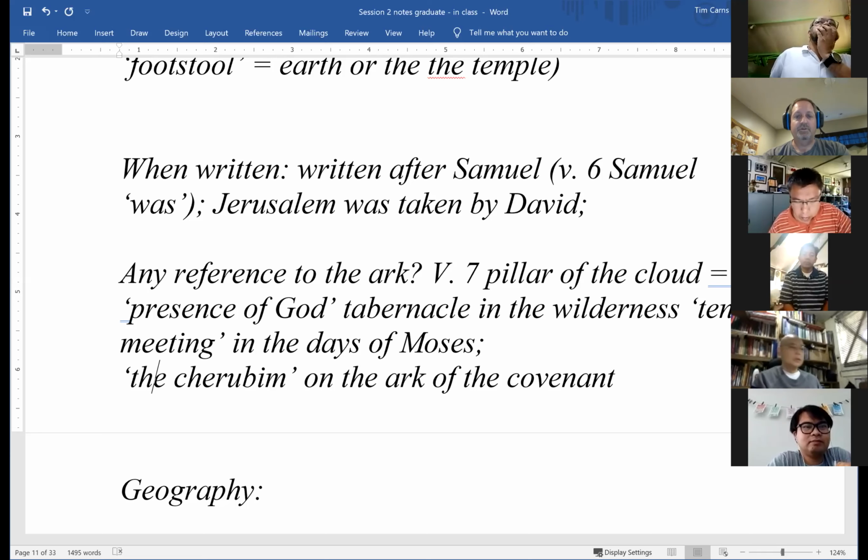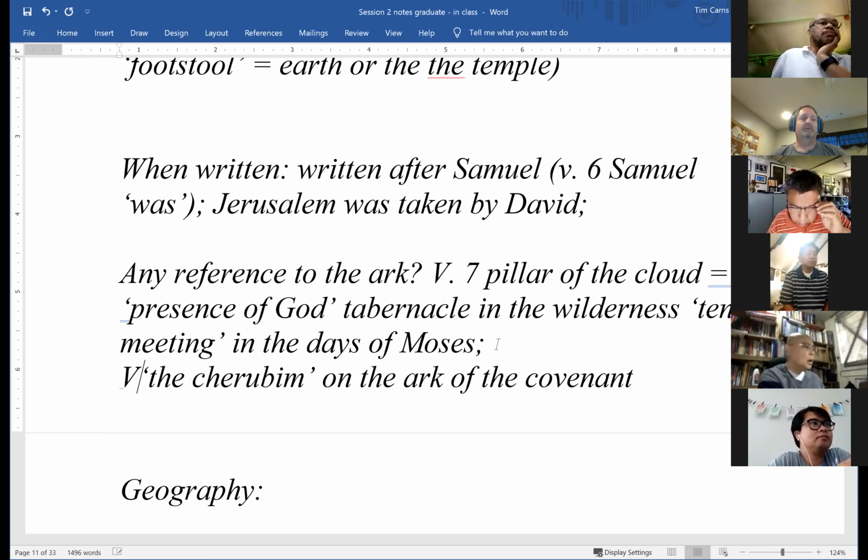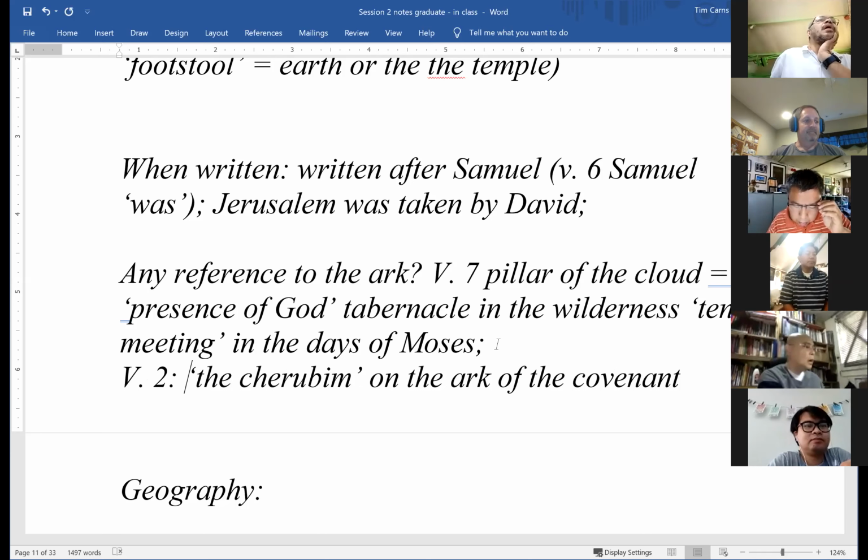I think verse 2, which is where this is, seems to be a reference to that. He's enthroned above the cherubim, let the earth shake. All right? Can't be certain. This will be something we could follow up with later, but I think it's likely a reference to the ark here.